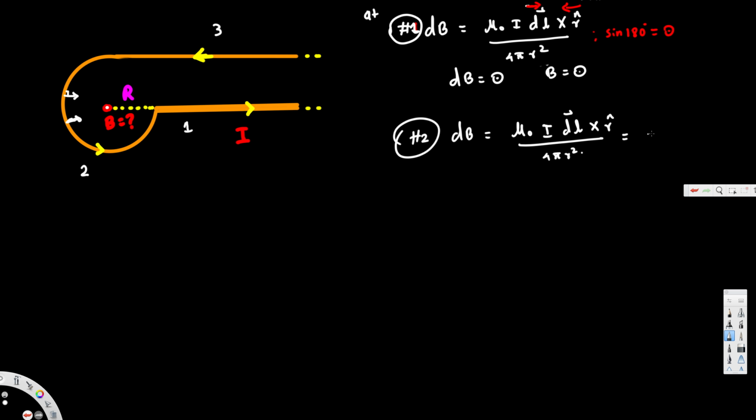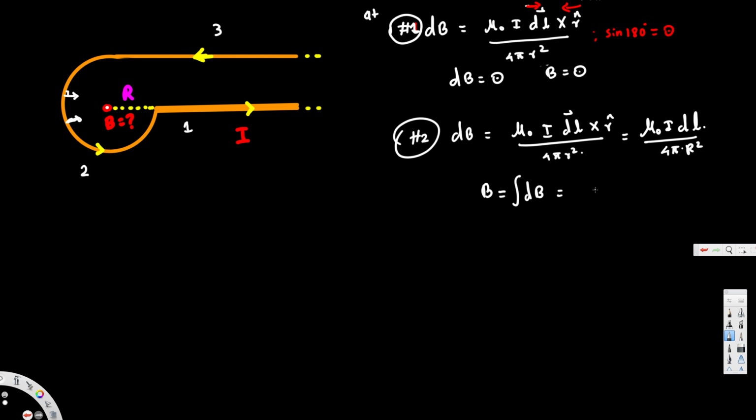So this is going to be just mu naught I dl over 4 pi r square, but here the radius is given by capital R, so we can just replace this small r with capital R square. Okay, so this is our dB, and to find B, we have to integrate this. If we integrate dB, that's going to give us the total magnetic field.